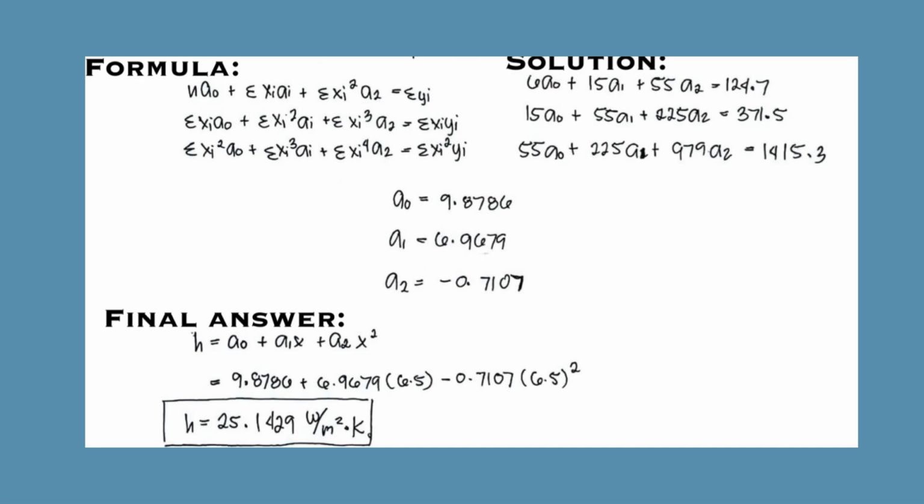We input that: 9.8786 plus 6.9679 times 6.5 minus 0.7107 times 6.5 squared.